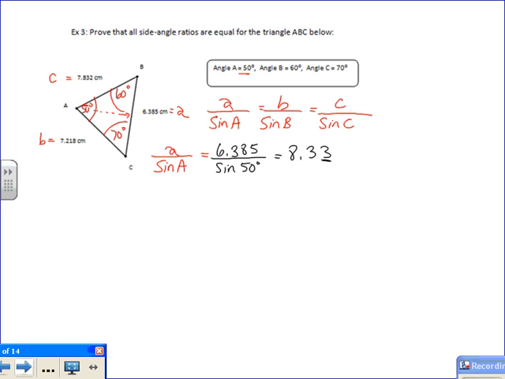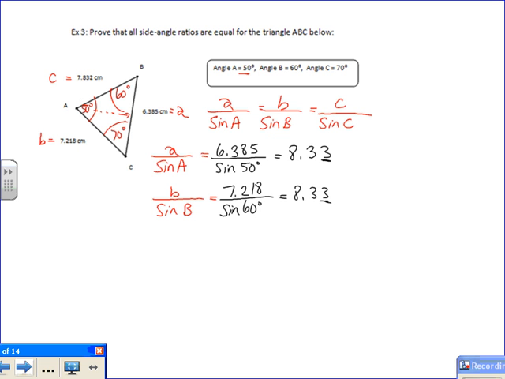Okay, B over the sine of B is equal to, well, let's have a look. The side length B is equal to 7.218. And if I divide it by the sine of angle B, which is 60 degrees, the ratio that I get, if I divide the top by the bottom and round it to the second decimal place, is 8.33.